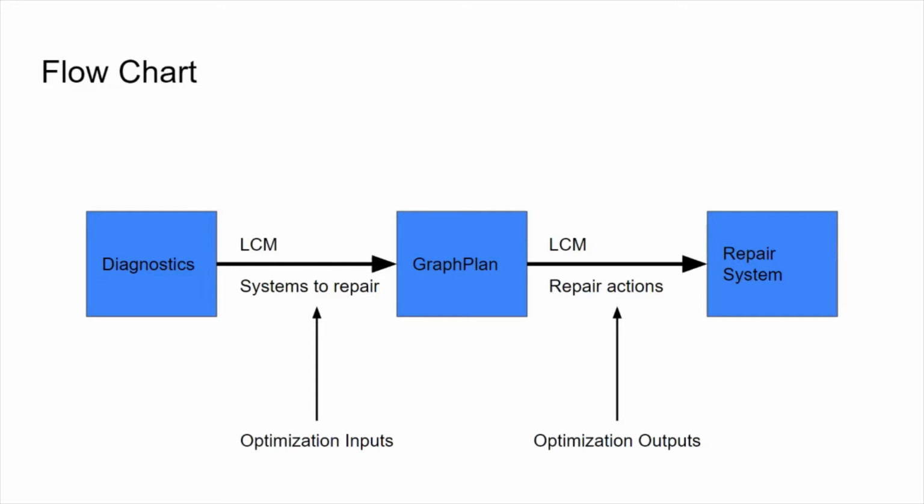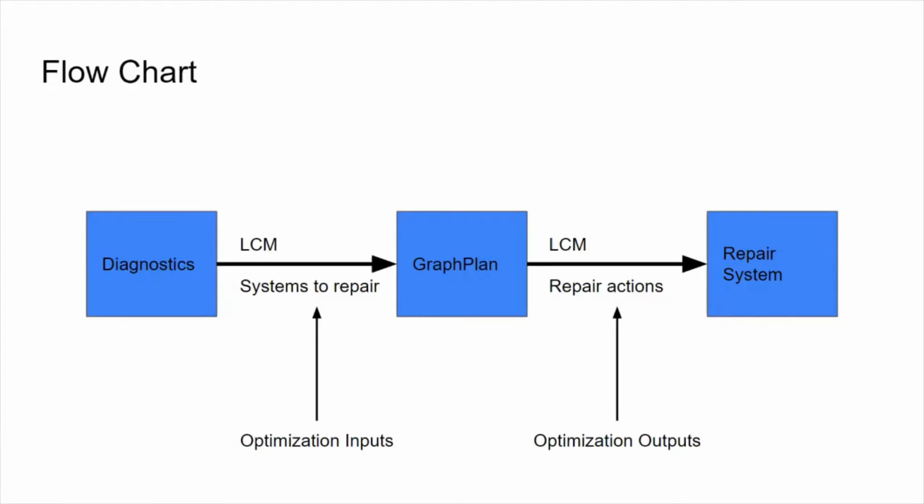So I'm just going to go over a quick flow chart of how this works. Typically, there's a diagnostic system that goes through the robot and figures out which systems might need to be repaired, if any. Given that some systems do need to be repaired, it'll send over LCM, which is similar to ROS. It's just a communication protocol between robotic systems.